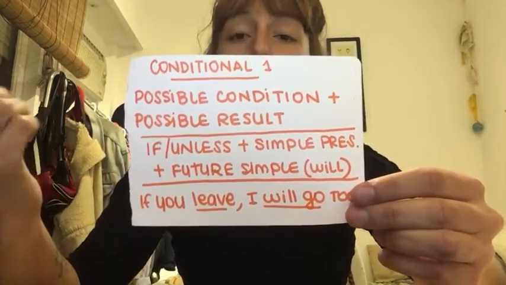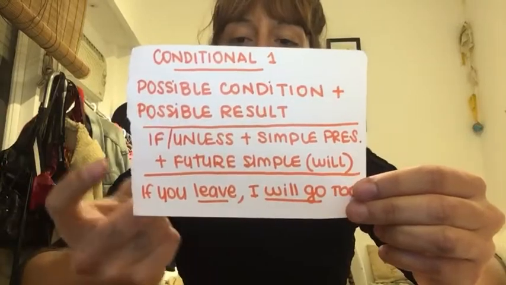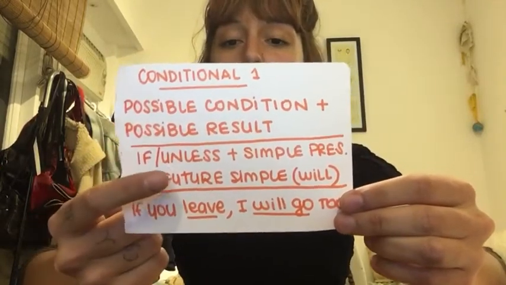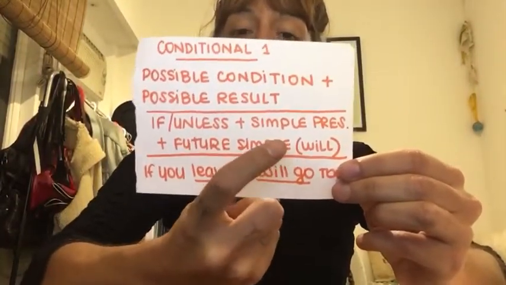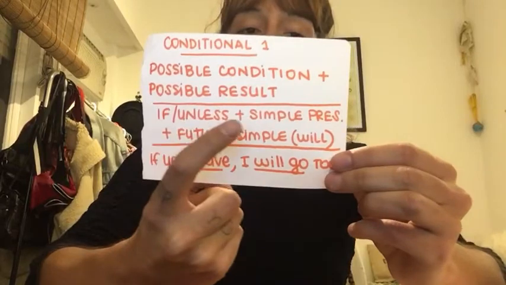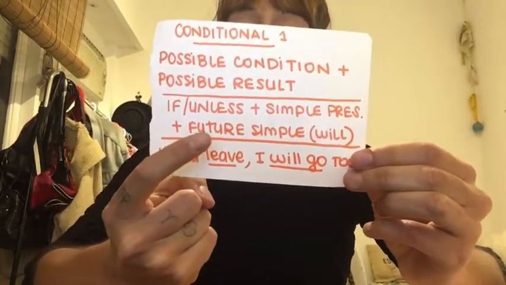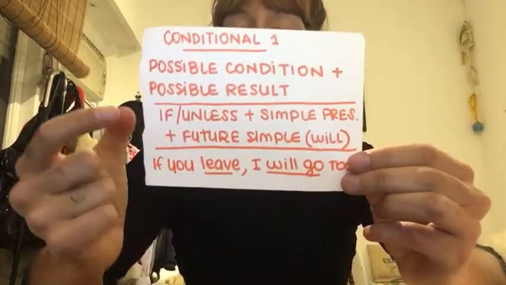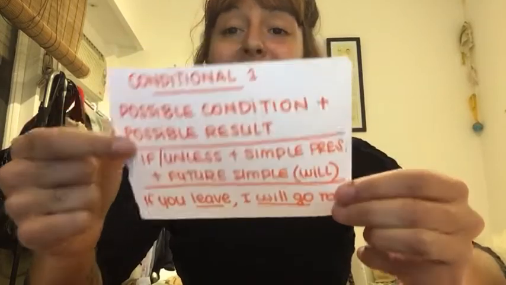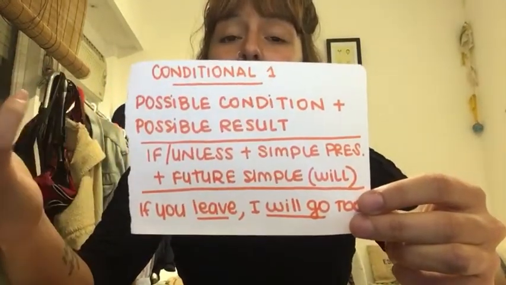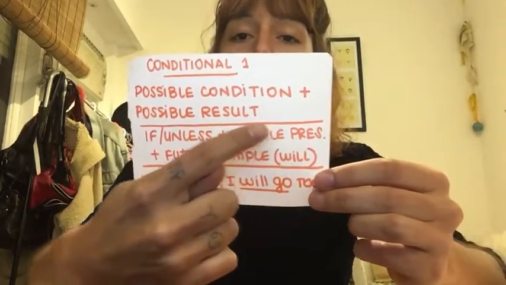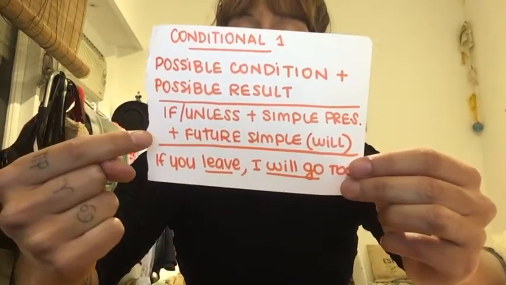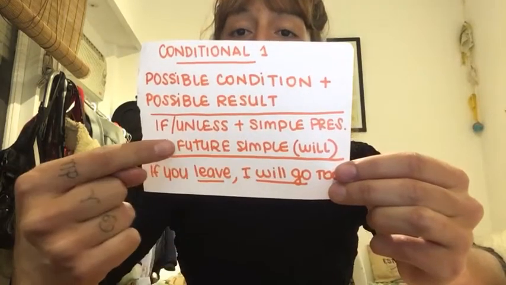So, because this is very possible to happen, we are going to use if or unless. Now I will talk about unless, but give me a minute. If or unless plus the simple present for the condition plus the future simple will for the possible result. Siempre teniendo en cuenta que la lógica de esta estructura es que para que una possible condition se dé en el presente, va a tener que tener un resultado futuro, ¿sí?